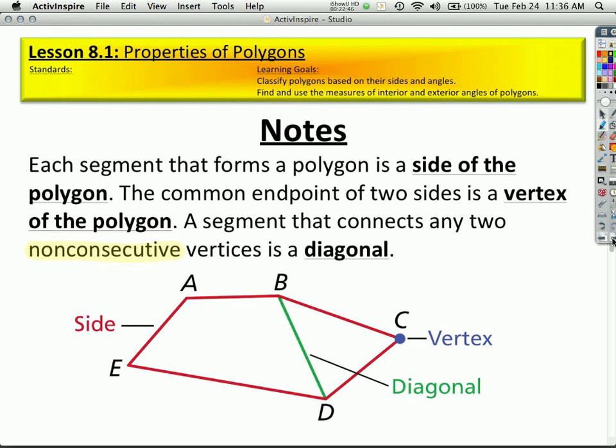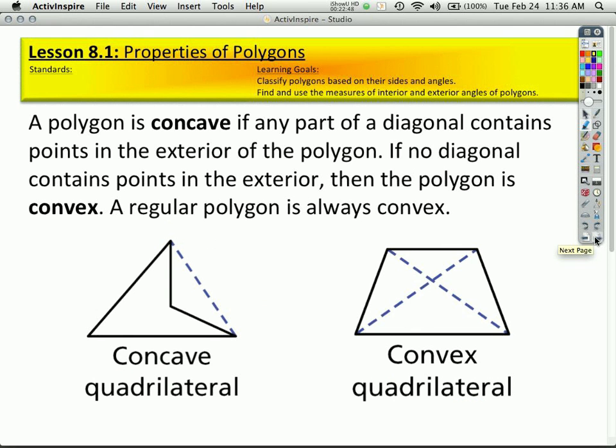Good, let's move on. So, now we have two different kinds, concave and convex. If you know the words concave and convex already, then there's really nothing to worry about, because it's the same idea. To make it a little more formal, we say it in a very mathematical way.